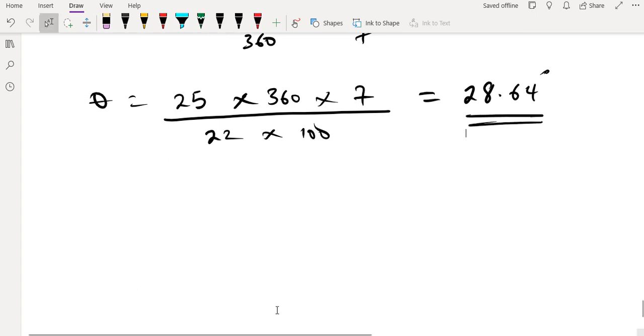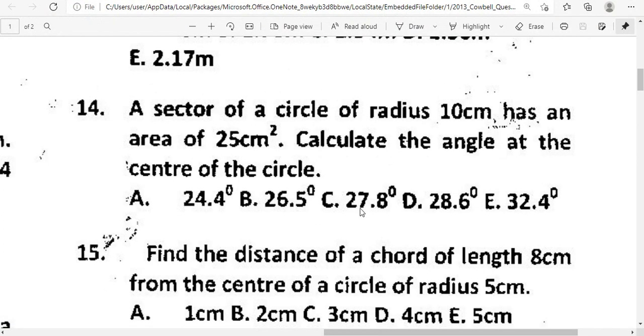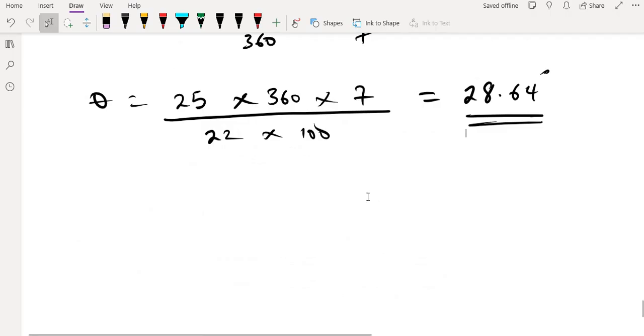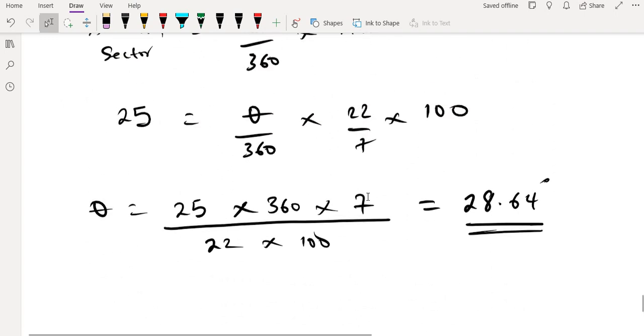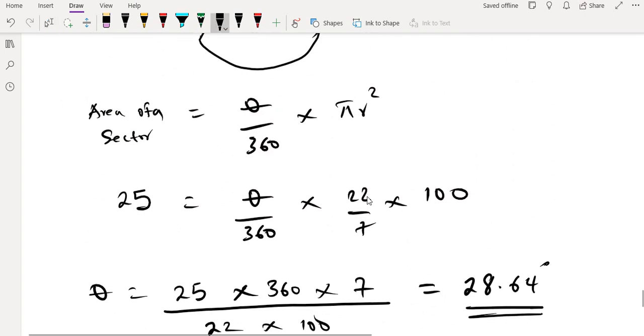Okay, so the angle is 28.64. It's 28.6, option D. So everybody solve it. Solve it quick. The major thing here is the formula.